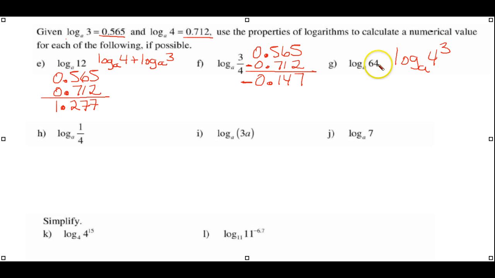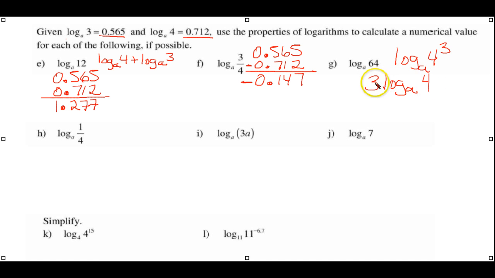I think you'd all go along with that. 4 to the 3rd power. Now, how would we write that? Well, it would be 3 log, move the exponent to the front, base A, and then it would be 4.